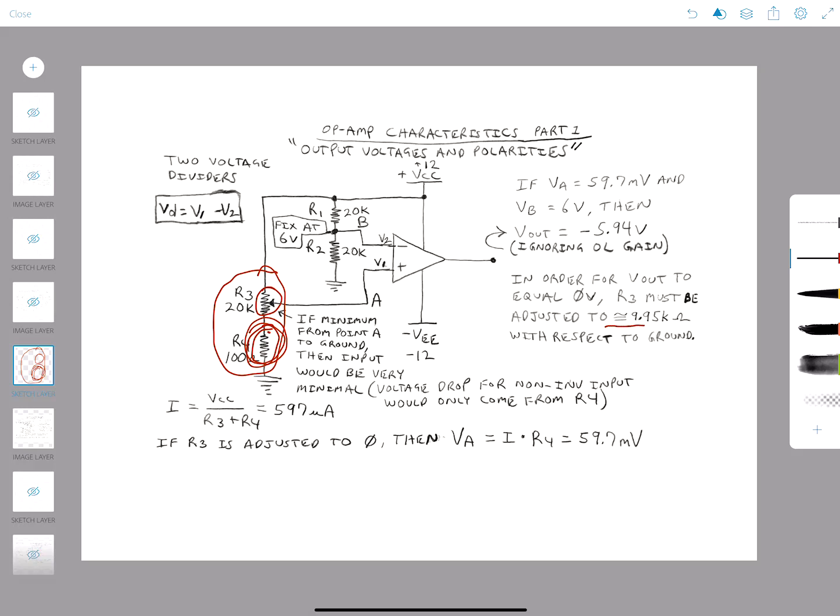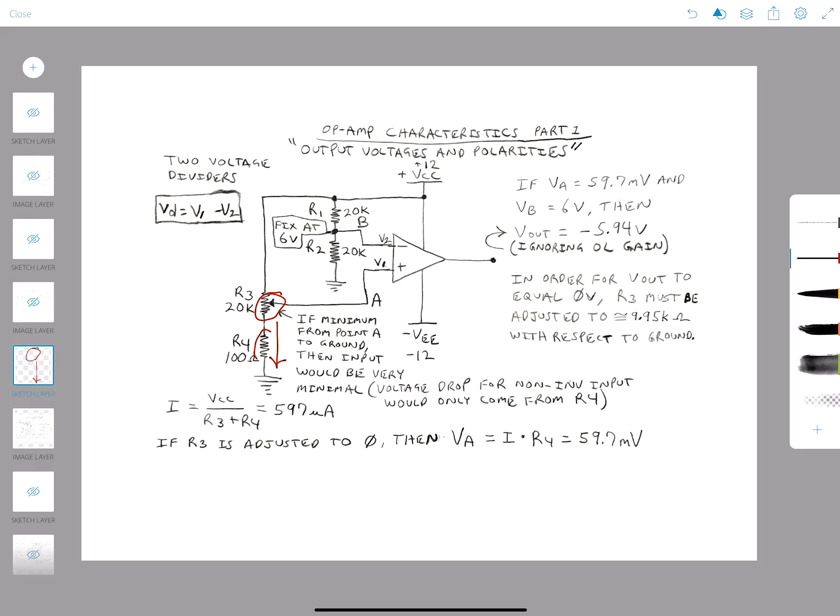When we do that, we come up with approximately 9.95 k ohms that we adjust our pot, our potentiometer, to. So we're going to adjust this potentiometer to 9.95 k with respect to ground.